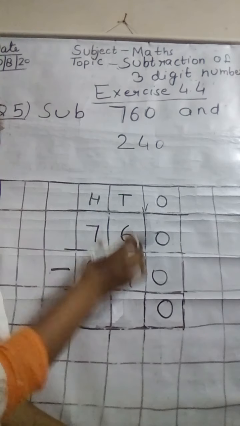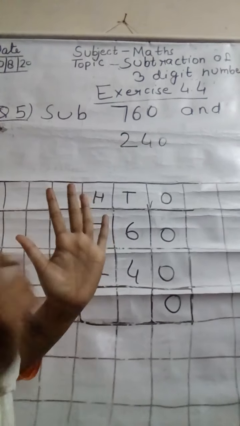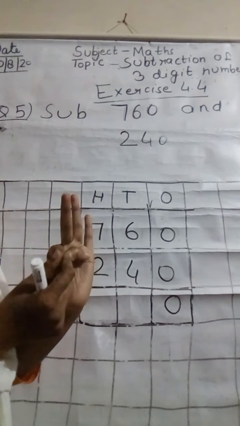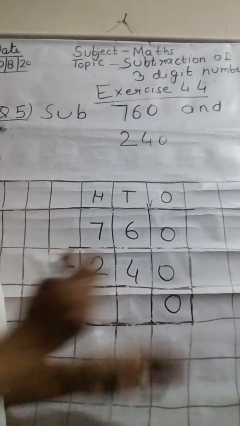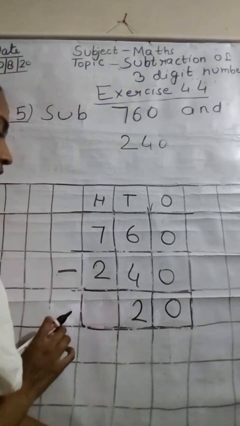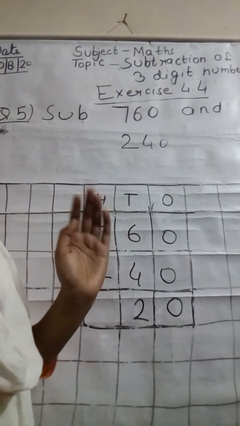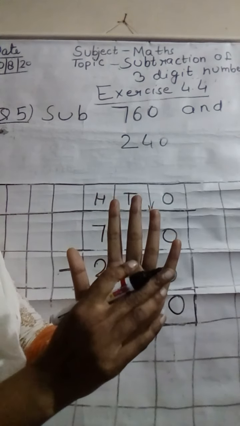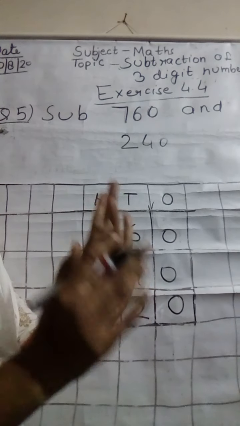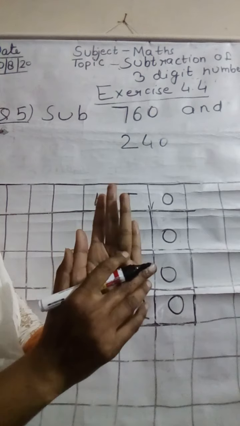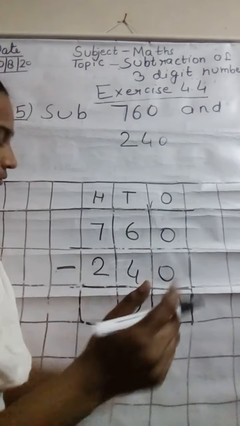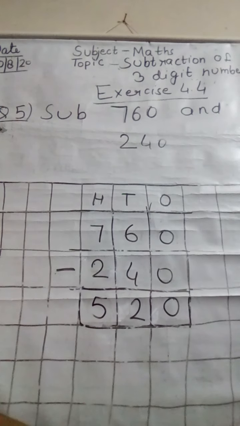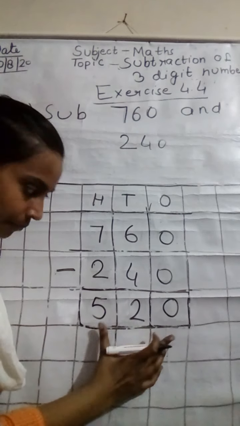So 6 minus 4, 2 fingers are left. Now 7 minus 2, how many fingers are left? 5. 520 is the difference.